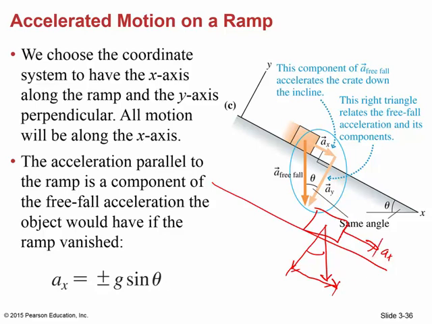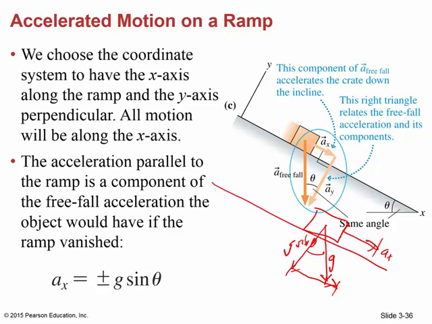Notice the directions are the same, and the magnitude, I tried to keep them the same. So you say, well, Mr. Shields, what are you doing here? This is g, but this leg over here is g sine theta.